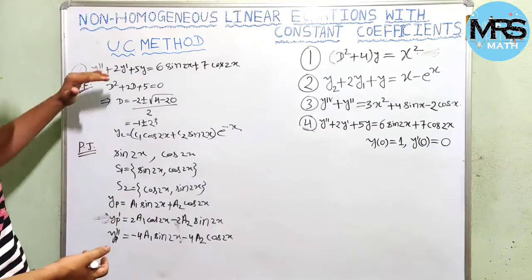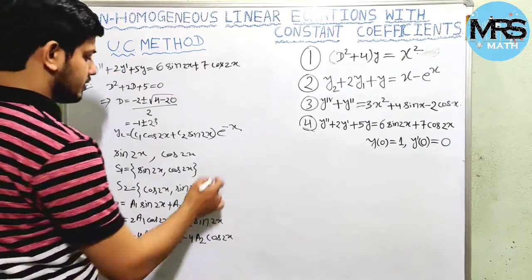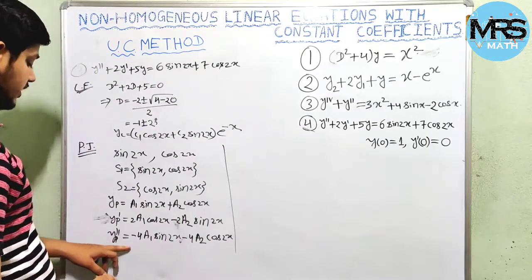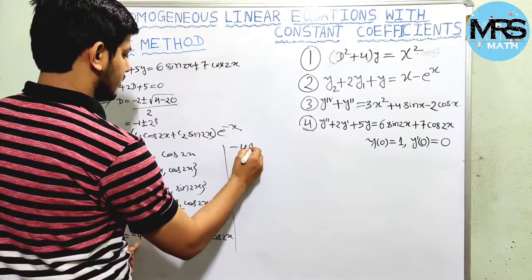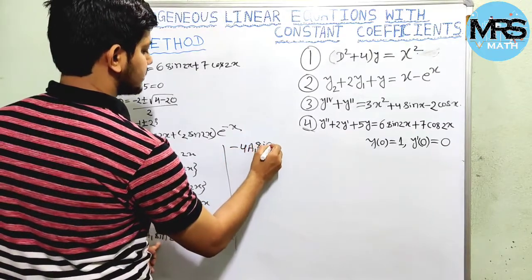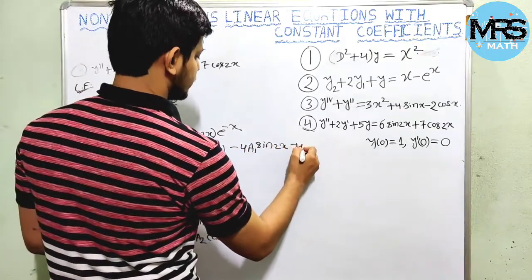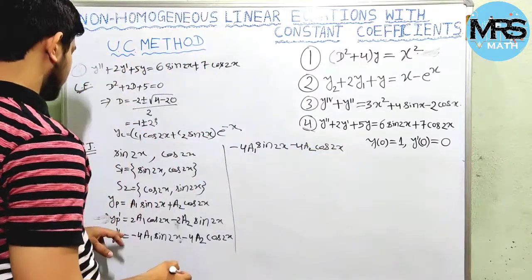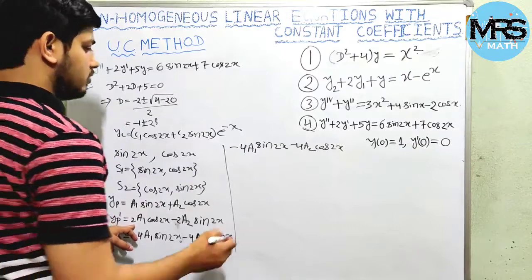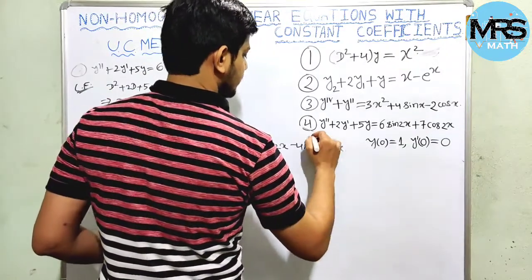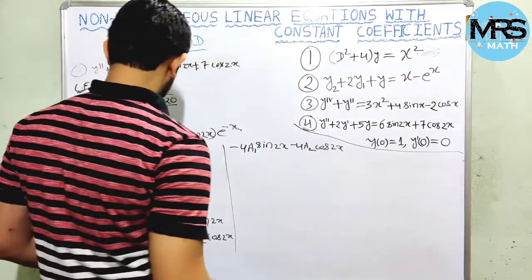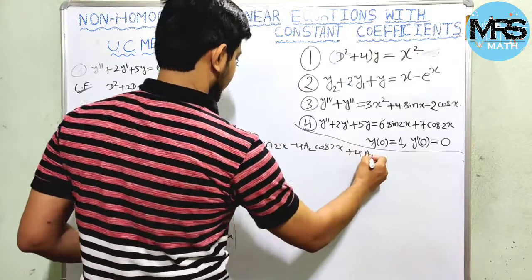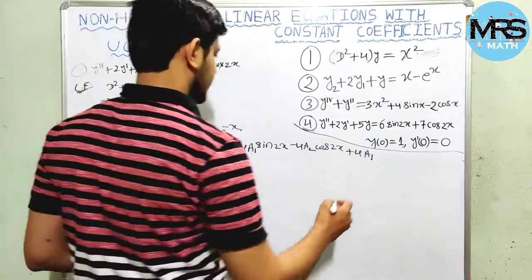Now next we will put these here, right? So what we can do, we will get yp double dash plus 2yp dash plus 5yp, right? So we can write minus 4a1 sin 2x minus 4a2 cos 2x, okay, plus 2 times yp dash, that means plus 2 is there, right? So this should be equal to 4a1 cos 2x, correct?